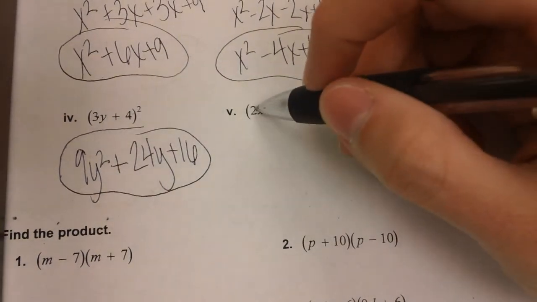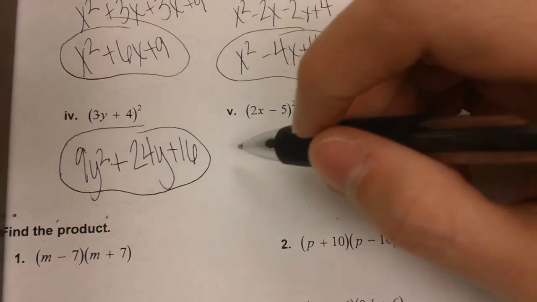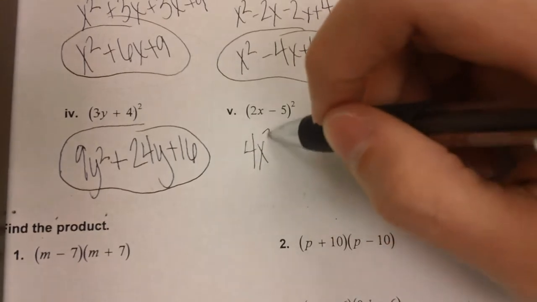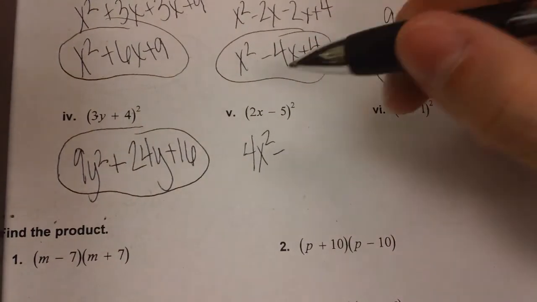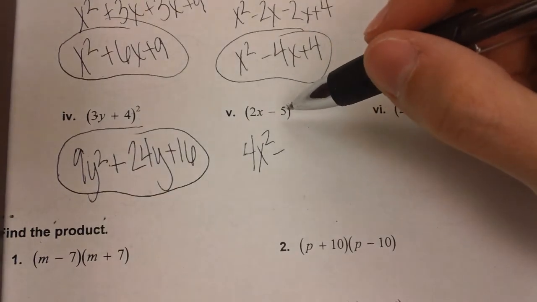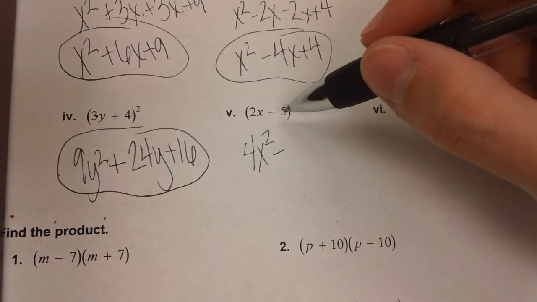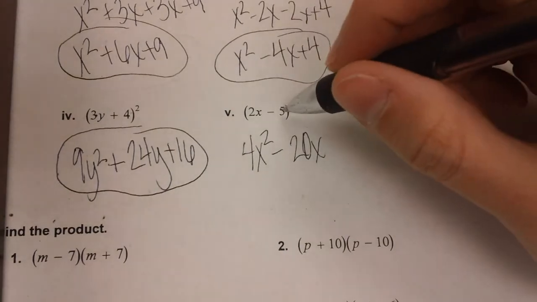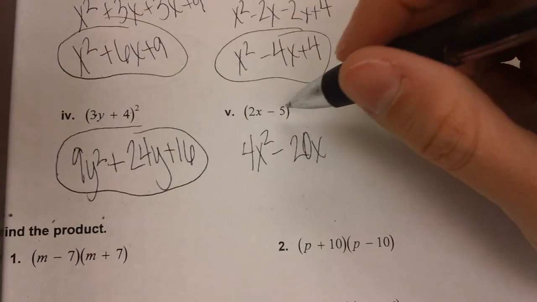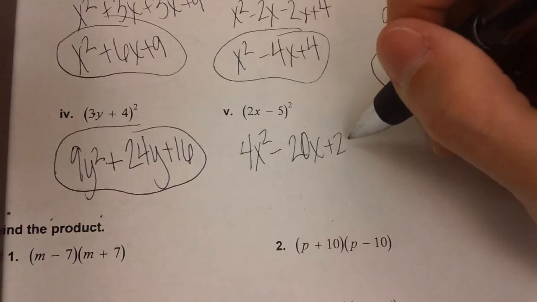Here I do the first term squared, so 4x squared. This is a minus, so I get a minus here. 2x times 5 would be 10x times 2 is 20x. And then 5 times 5 is 25.